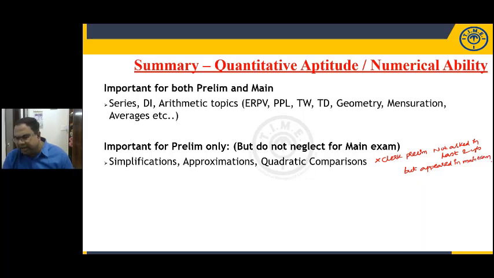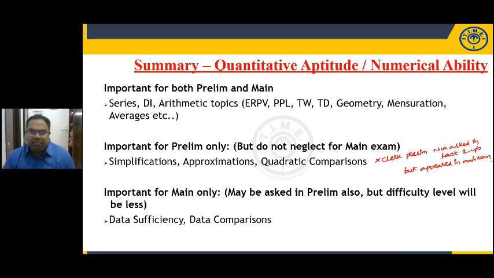Data sufficiency and data comparison are important for the main exam, but these days you can expect more questions if you are appearing for IBPS PO very frequently, or SBI PO, IBPS clerk, or SBI clerk. As far as your Gramin banks, that is RRBs, are concerned, data sufficiency has a maximum of 5 questions, that too in the main exam. Data comparison also 5 questions. So that is also not a regular feature.